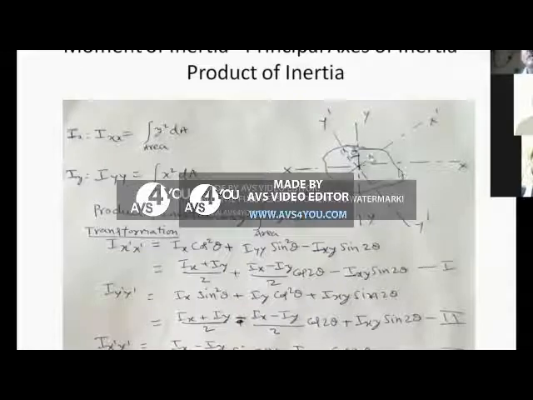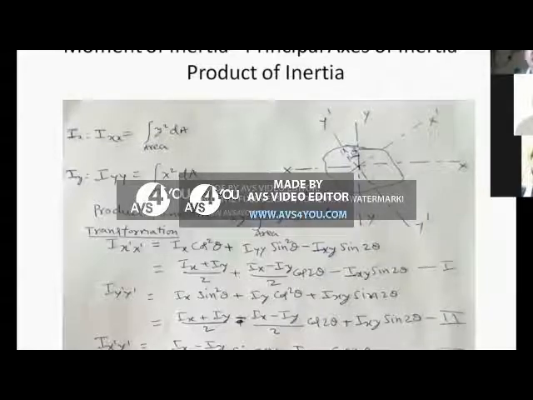So if you consider again the elemental area dA, its moment about the x-axis is y dA, and if you take the moment of that moment about the y-axis, it is y into x dA, that is xy dA. So product of inertia is the integral of xy dA for the entire area. Okay, so product of inertia is the integral of xy dA.